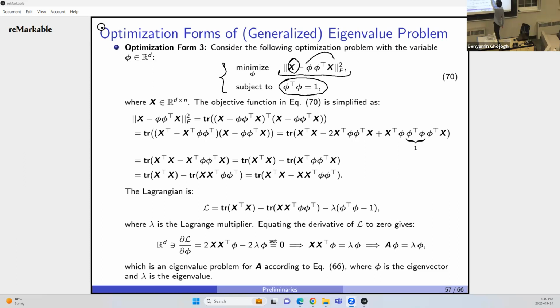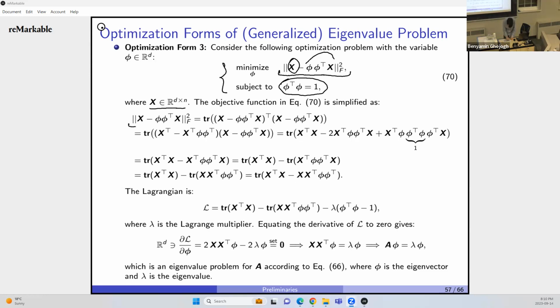So I'm minimizing the reconstruction error subject to some constraint. This is exactly the optimization problem of PCA. So you can see PCA as these two. Now I think you understand why PCA's solution is the eigenvectors of covariance. That's the reason.